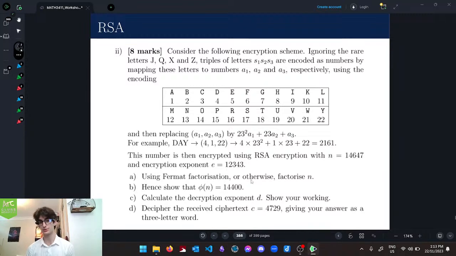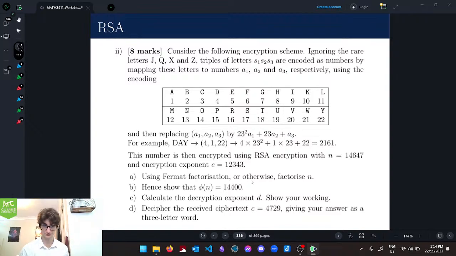So A is 1, B is 2, C is 3, so on and so forth. Again, we ignore J, Q, X, and Z. So A, B, C, D, F, G, H, I. We've ignored J. We've just skipped it.